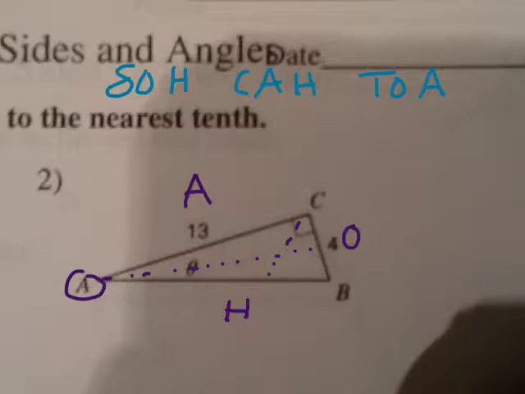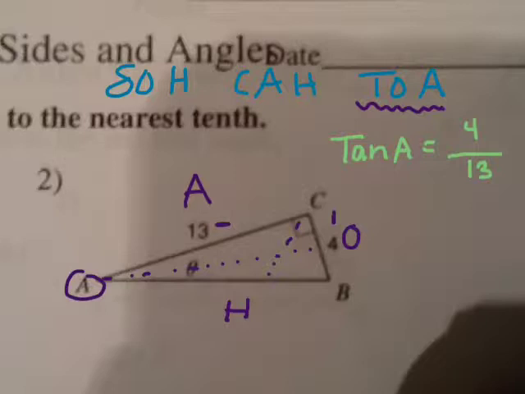Well, if we look at the parts, we have information with our A and we have information with our O. It's the only one with an A and an O. So we're going to set up that ratio. We're going to do tangent of our angle that we're trying to find, A, is equal to opposite, the O, which is 4, over the adjacent, which is 13.